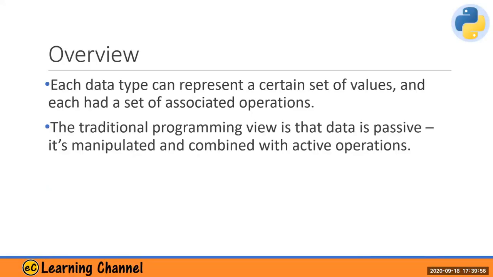Each data type can be represented as a set of values and each has a set of operations associated with it. This is the so-called object. Every data is an object and each data type is called a class. So class is data type.